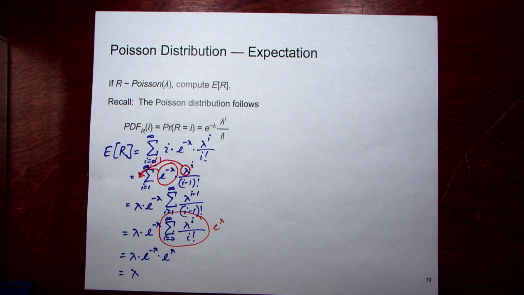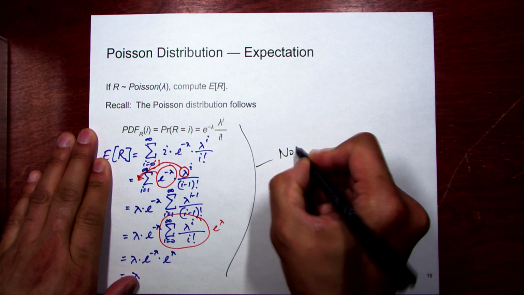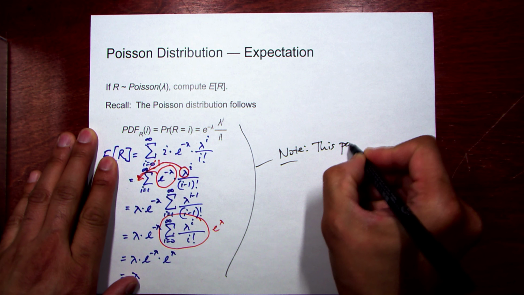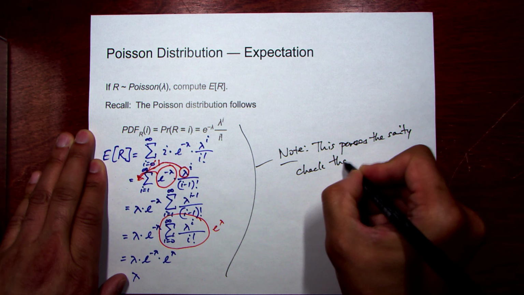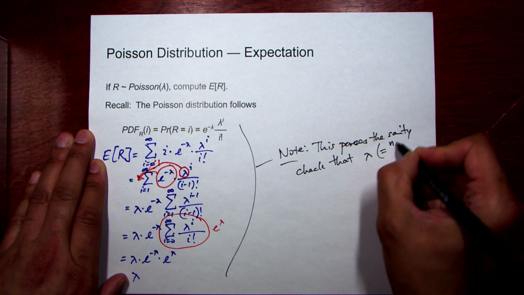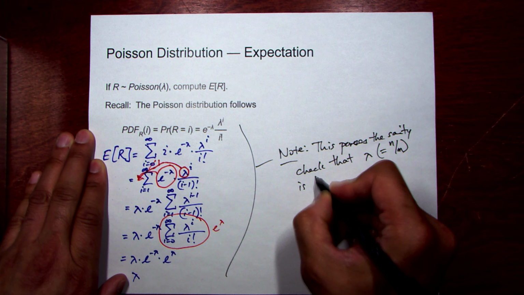Why do I say that? Well, remember, lambda is the average load, right? Lambda is the average. That is the parameter that is in the Poisson. So lambda as the average makes sense as a sanity check. Actually makes a lot of sense that the computation works that way. Okay. So note, this passes the sanity check that lambda, which equals n over m, is the average load per bin.